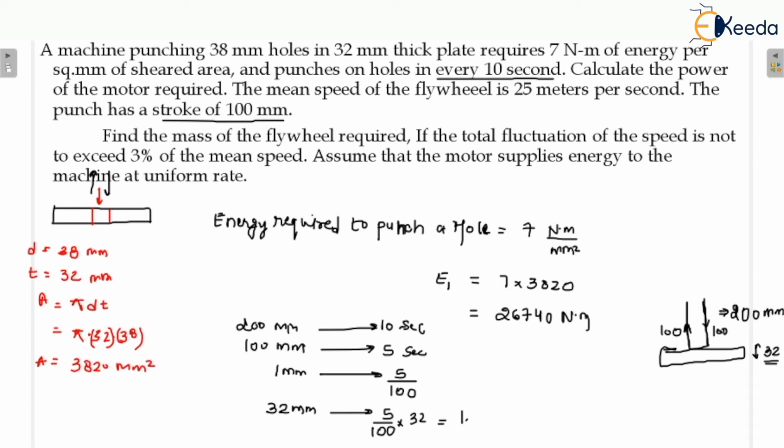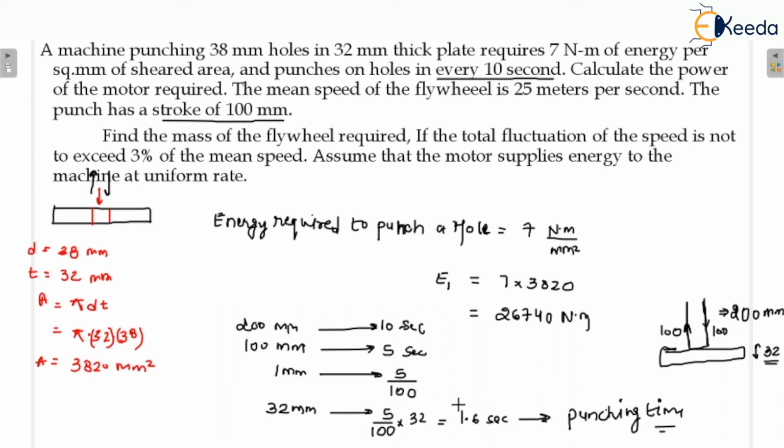That would be 1.6 second. That is nothing but the punching time, because punching size is 32 mm. So the time of travel for 32 mm, that would be 1.6 second. That is nothing but the punching time.